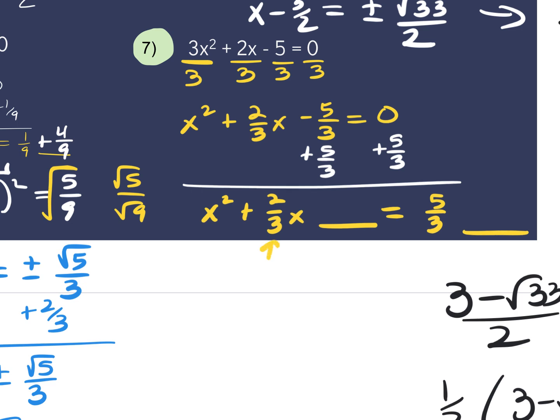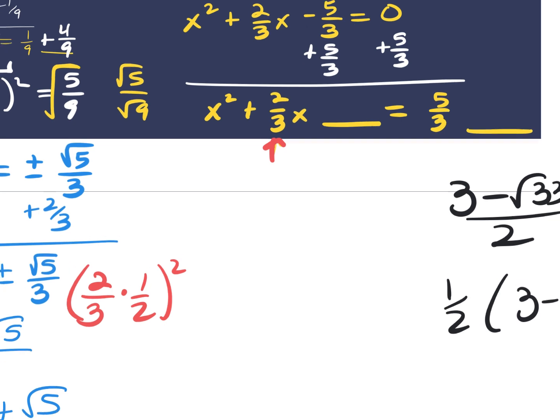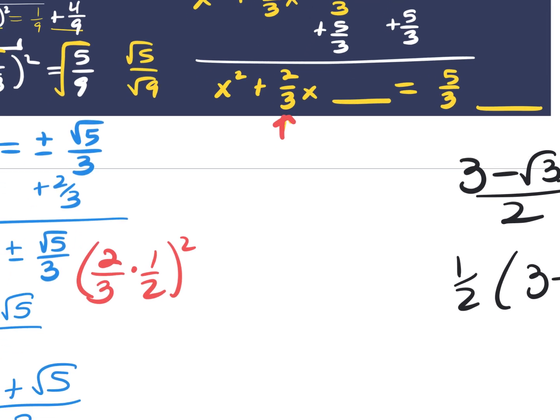So this 2/3, and I'm going to divide it by 2 and square it. Divide by 2 is the same thing as multiply by a half. So this will simplify, and this becomes 1/3 squared, which then turns into 1/9 when I square it.